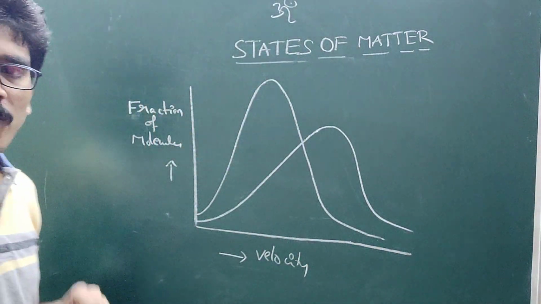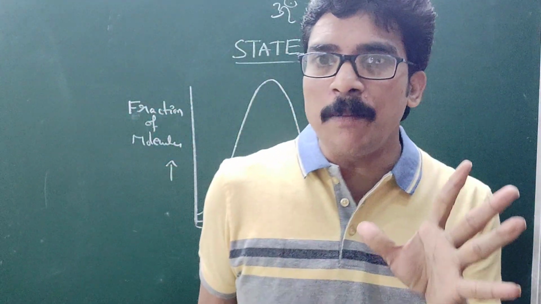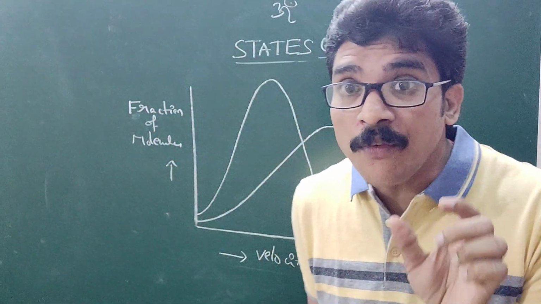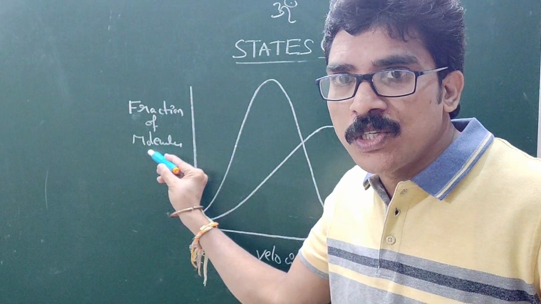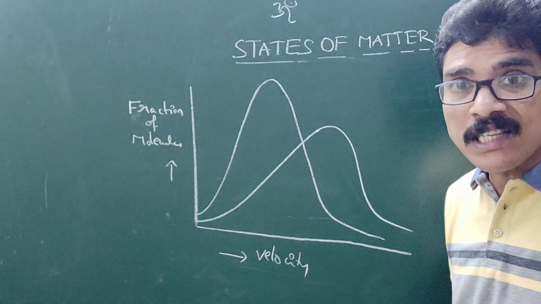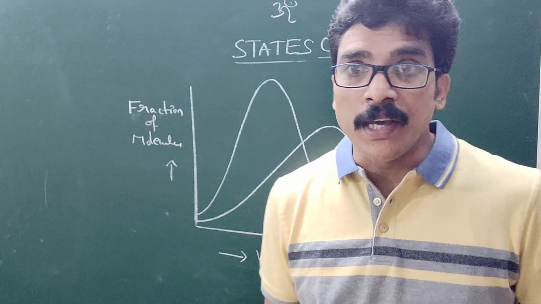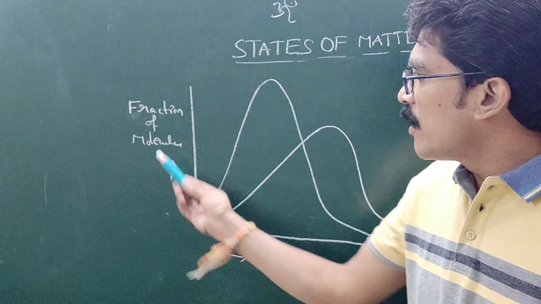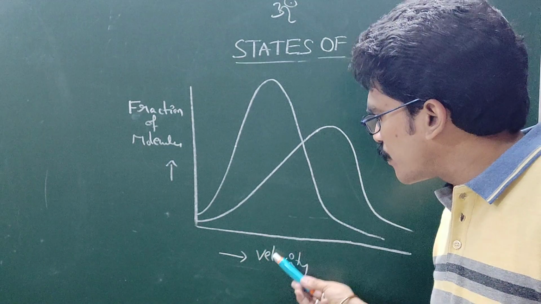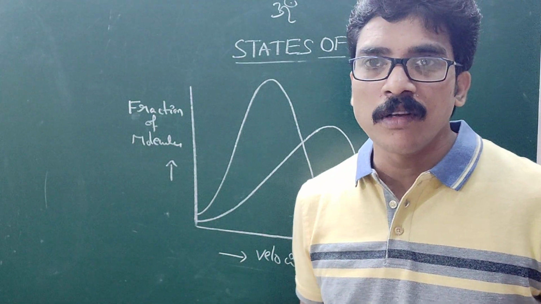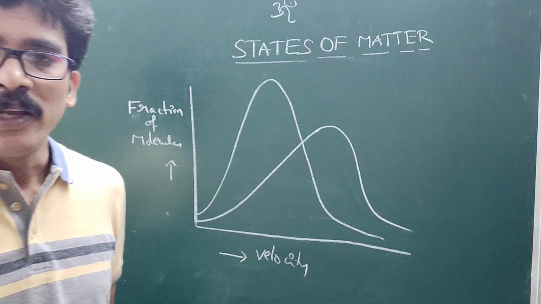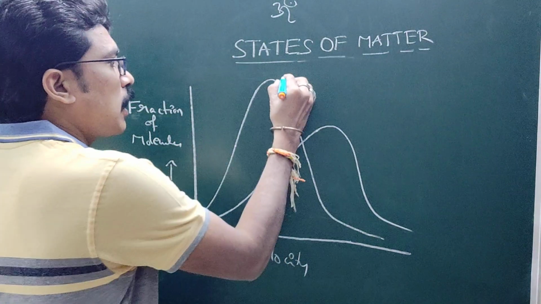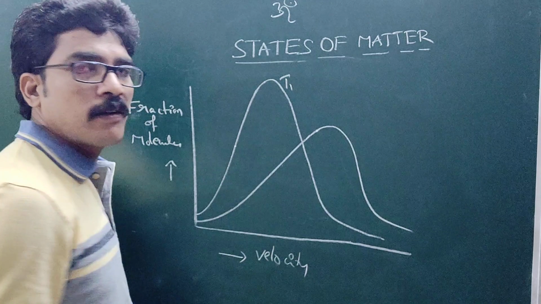As we know, a graph is drawn between fraction of molecules versus velocity at a particular temperature T1.